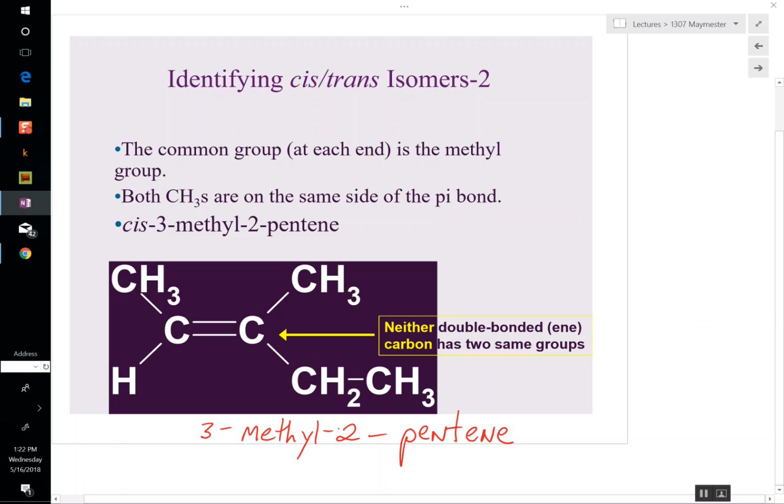And because these two things that are the same are on the same side, it's going to be cis 3 methyl 2 pentene. All right? If you haven't gotten that yet, I can understand. It's the first time you ever heard of cis and trans. And now we're putting cis and trans in there.